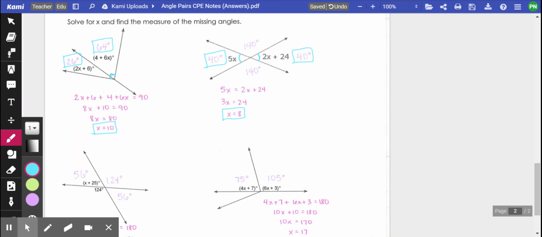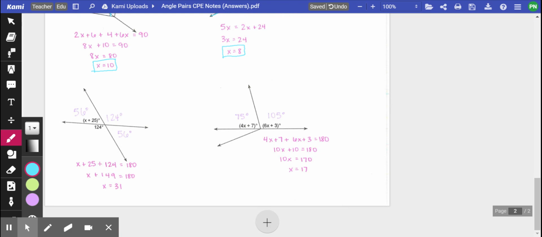And then because we have a straight line going here, we know that these 2 angles have to add up to 180 degrees. So if you subtract 40 degrees from 180 degrees, you would end up getting 140 degrees. And that goes for both the top and bottom angle.